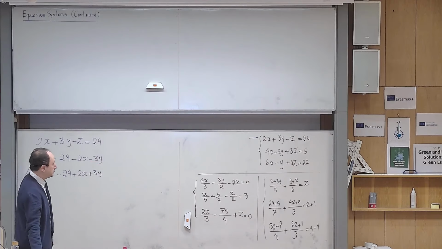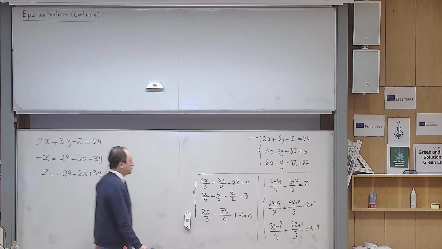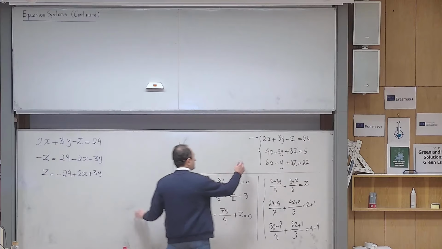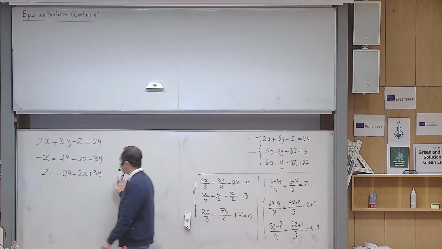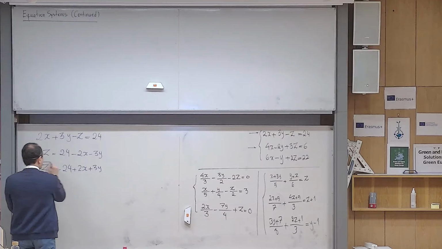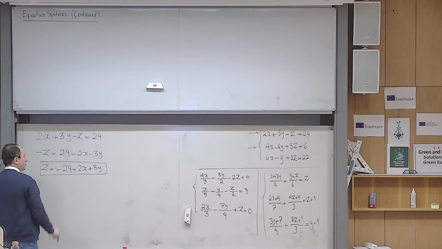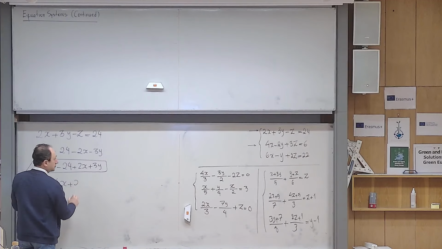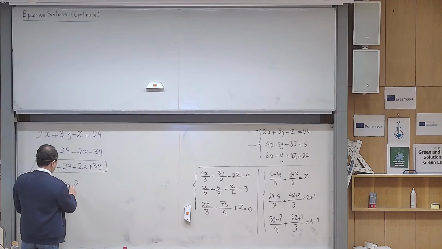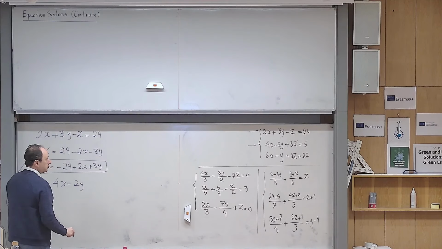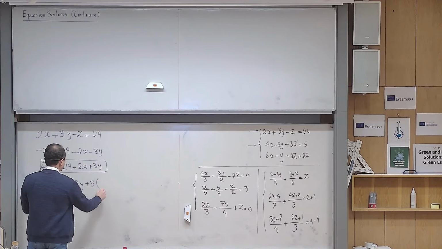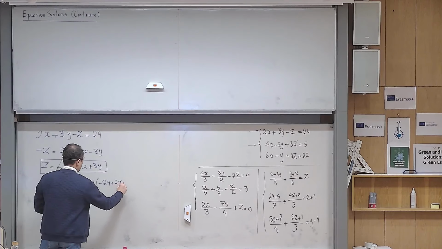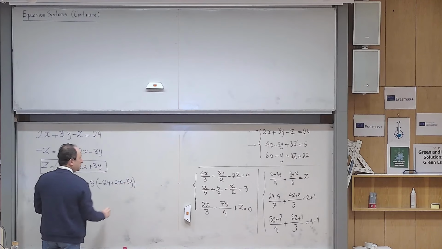What I do now, I will substitute this in these two expressions. So now I want to use the second equation. If you don't mind, let me also put this in a box, that doesn't hurt. So I will write 4x, the second equation, minus 2y, and then I have plus 3 times z, but z is this expression, is equal to 6.